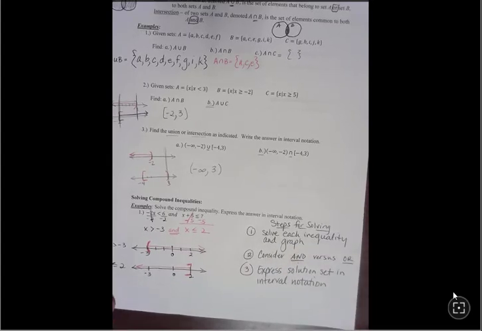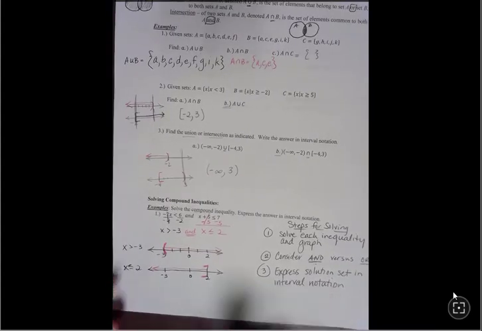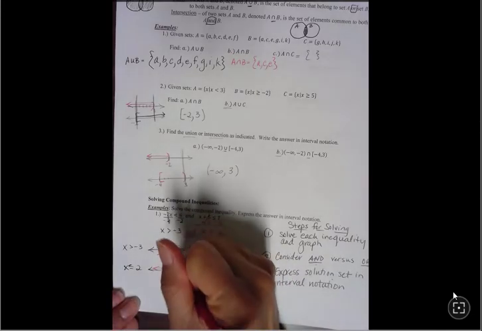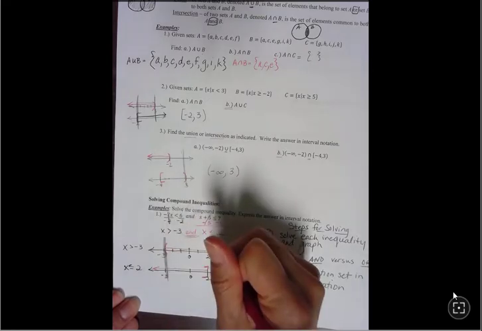Okay, so we're going to consider our number lines that we just drew here, and we know it's an and statement, so we're looking for the overlap or the intersection of these two sets. So essentially we're considering from here to here. This is what these two sets have in common, so that's the overlap or the intersection.